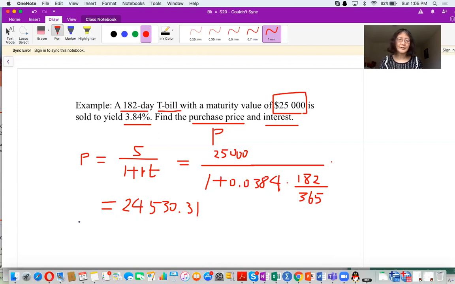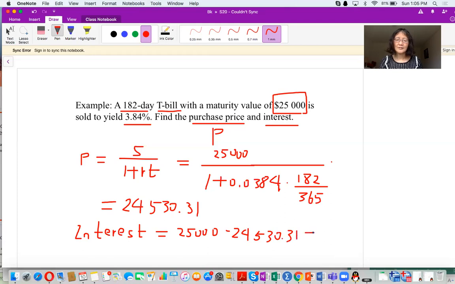So the interest is the difference between purchase price and face value. So face value or future value, 25,000 minus purchase price, $24,530.